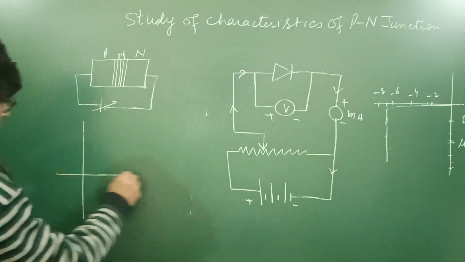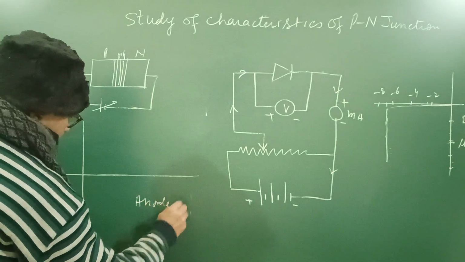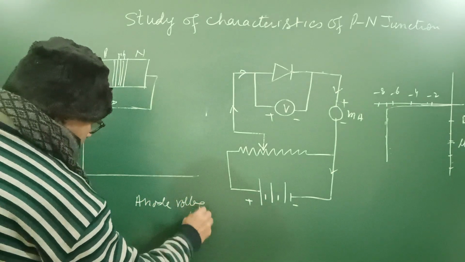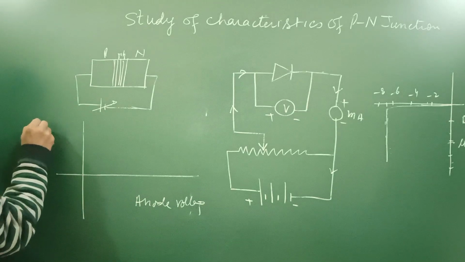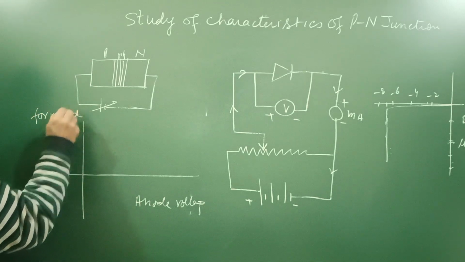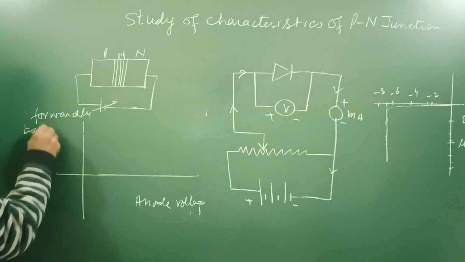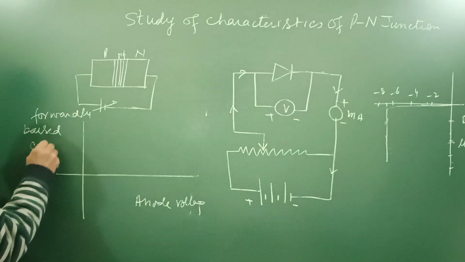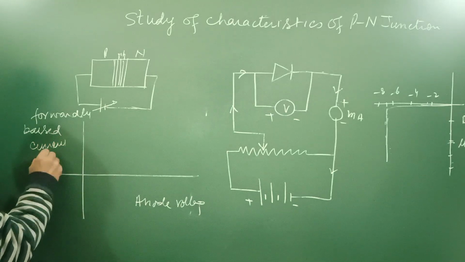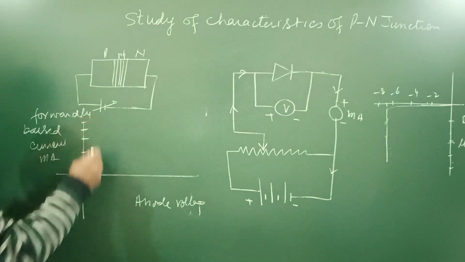I can plot the graph here between anode voltage and forward biased current. It will be in milliampere, 10, 20, 30, 40 like this.